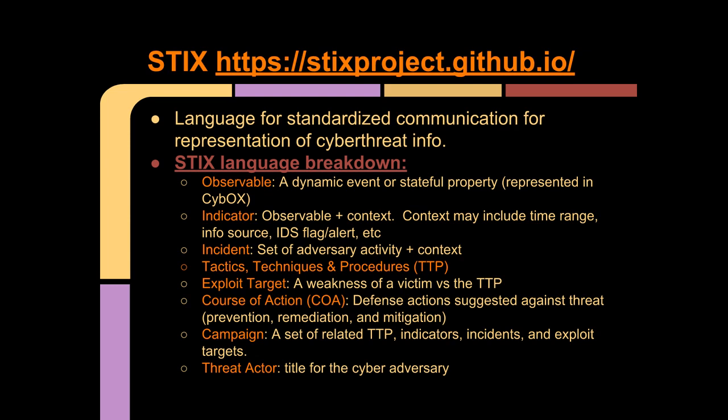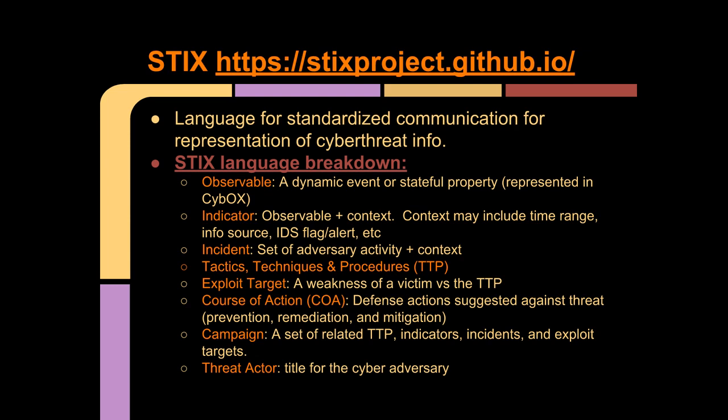This context may include time range, information source, IDS flags or alerts, etc. An incident is a set of adversary activity plus context. It may also include tactics, techniques, and procedures, and that should be self-explanatory by now.